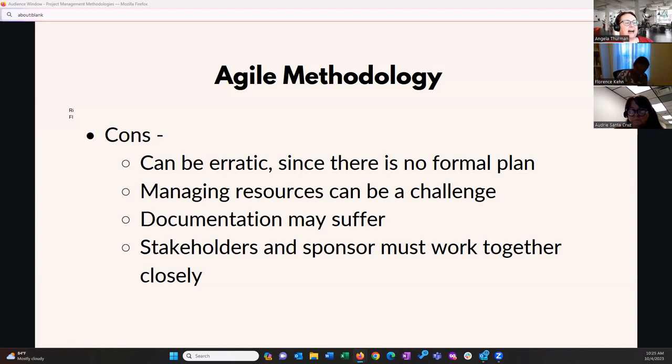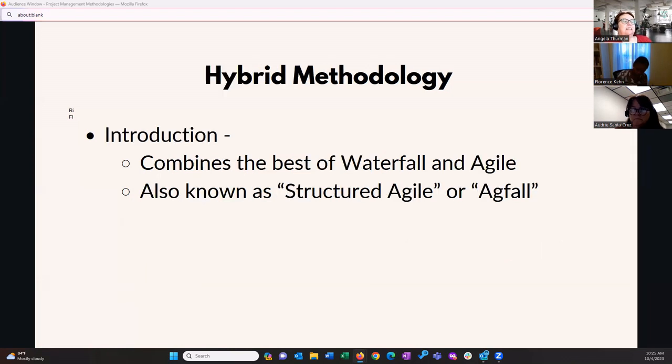So let's talk about the hybrid methodology. So this combines the best of waterfall and Agile. It's also sometimes known as structured Agile or AgFall. So this methodology cherry picks from both and combines them to make a methodology that is both flexible and structured.